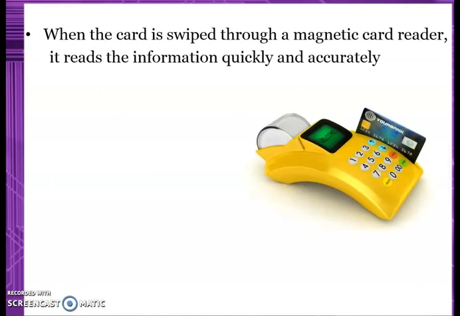In these magnetic strips, basically you hold information about your bank account, bank code, how much credit is in your bank account, and how much you are paying. All this type of information is stored in it.